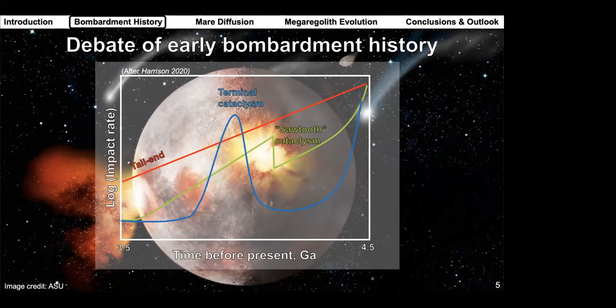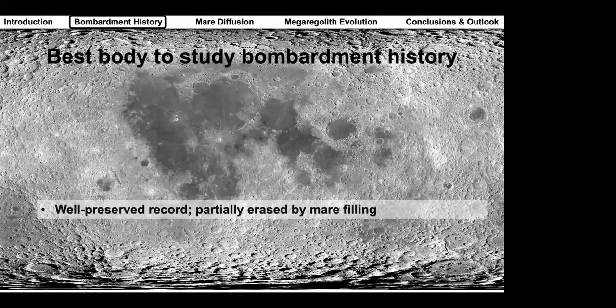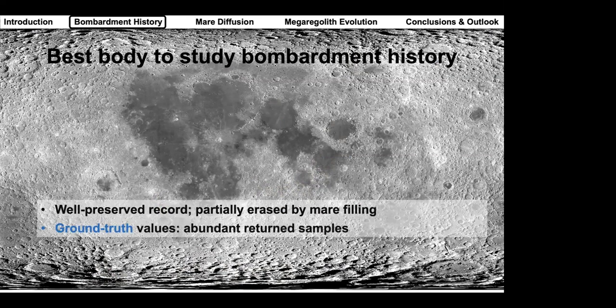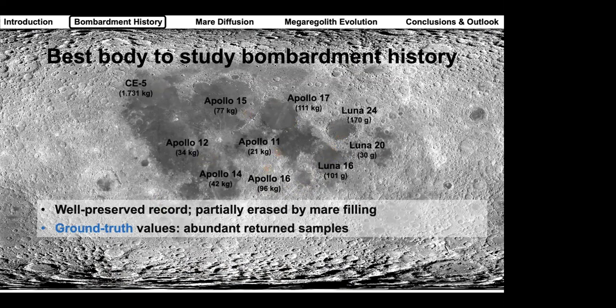To understand the bombardment history, the Moon is the best body because there is no water, wind, or atmosphere, and the structure has been very well preserved. And more importantly, we have a lot of samples from the Apollo missions, the lunar missions, and the Chang'e 5 mission. These samples provide us ground truth reference for constraints on the bombardment history.